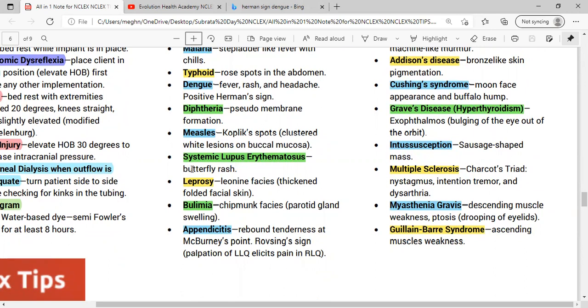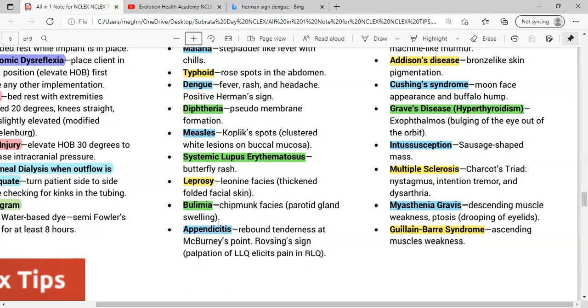The characteristic feature is a butterfly rash over the cheeks. Leprosy: Mycobacterium leprae is the organism, and we can see leonine facies, thickening of the folded facial skin. Bulimia: we can see chipmunk facies or parotid gland swelling.